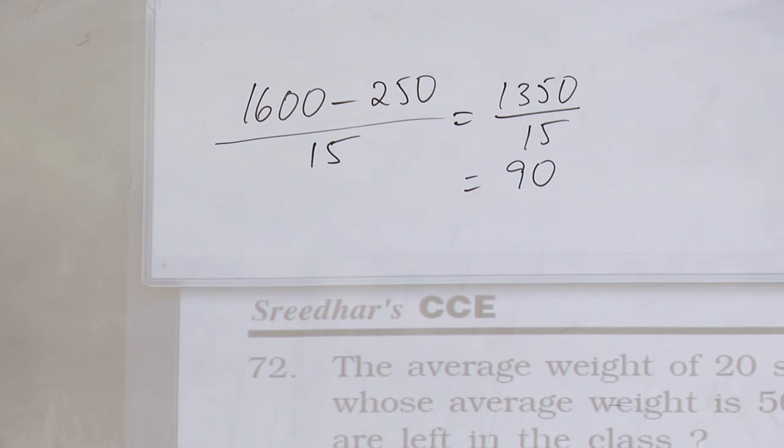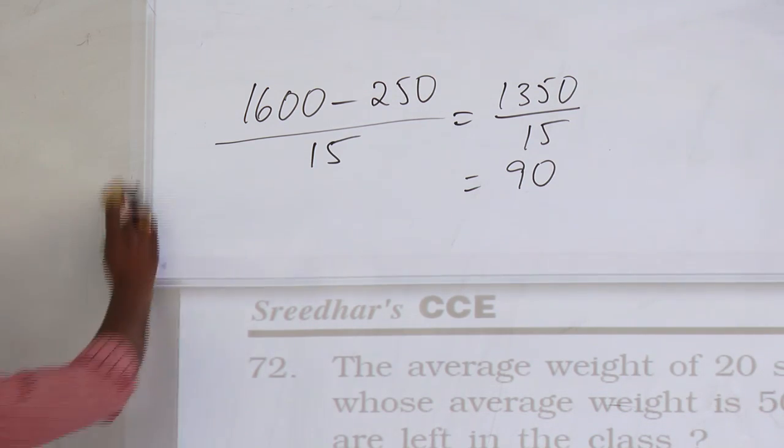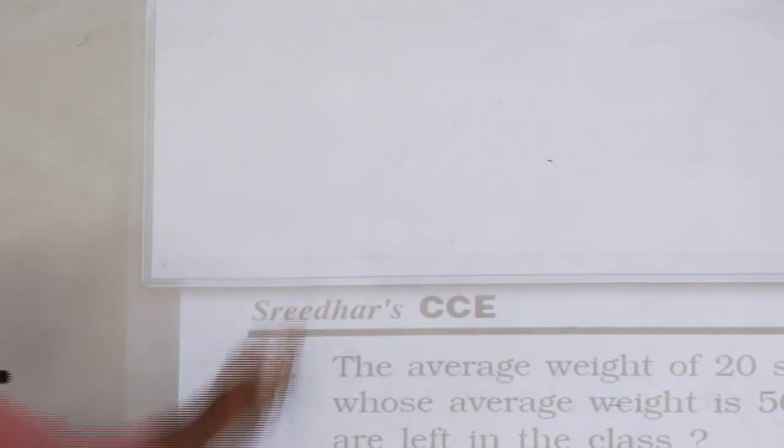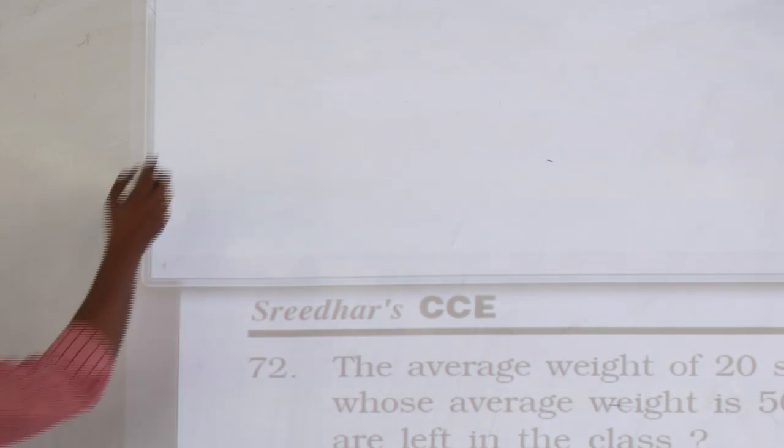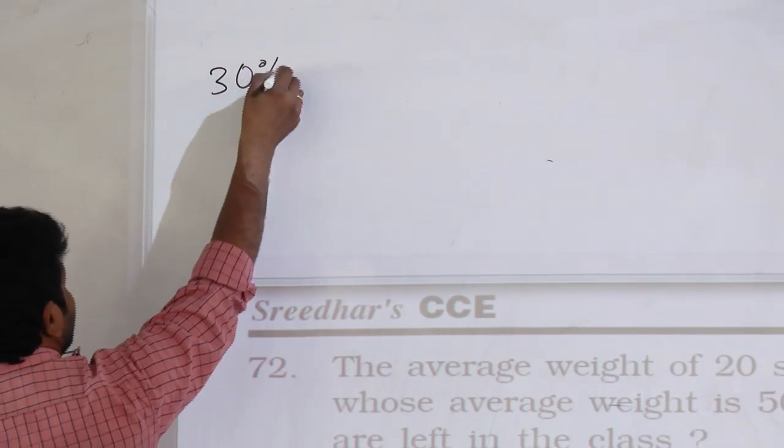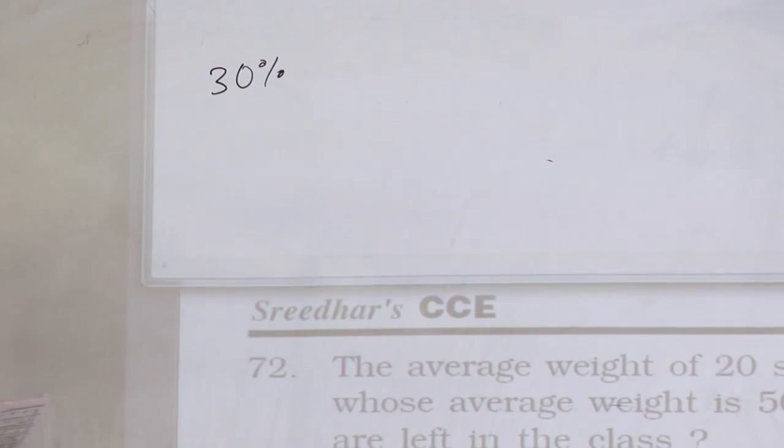Next, Mr. Verma bought groceries with 30% of his monthly salary and spends 18% of the remaining salary on repair of furniture. 30% is over, remaining is 70. Out of 70, he is going to spend 18%.